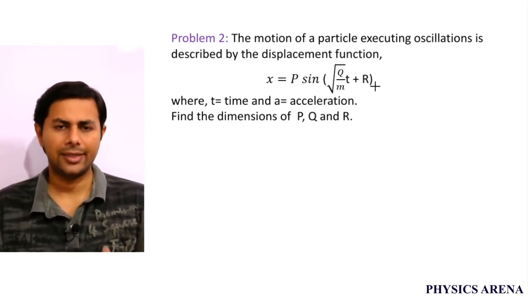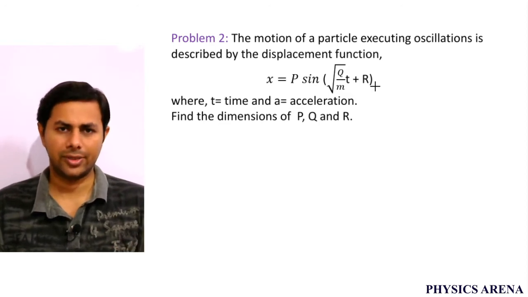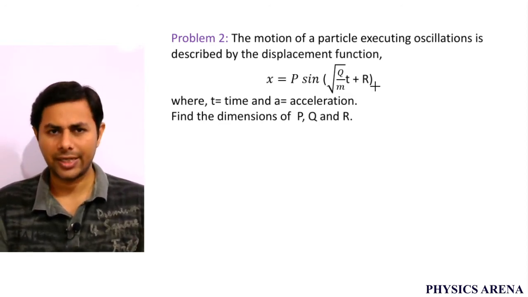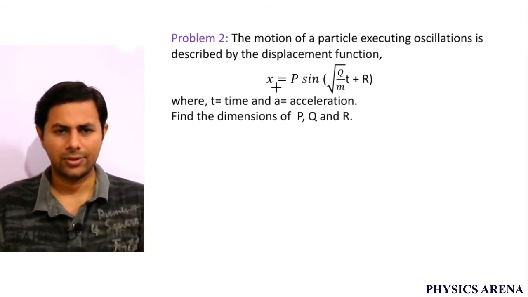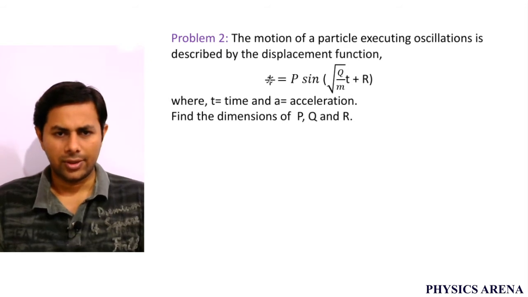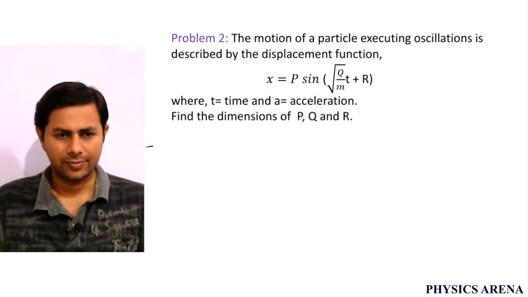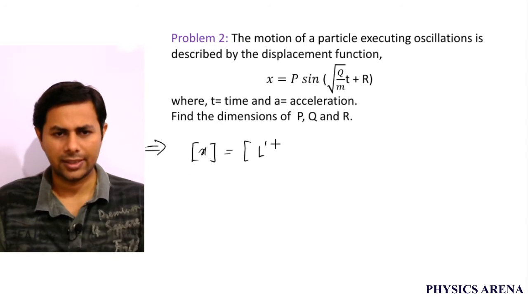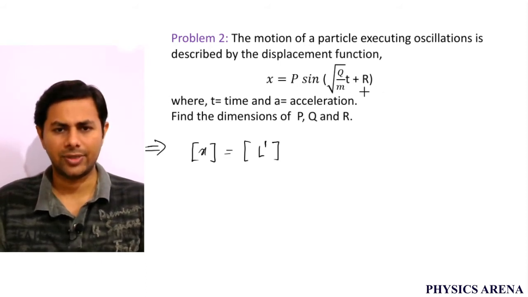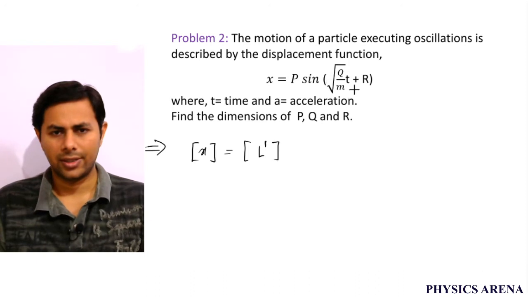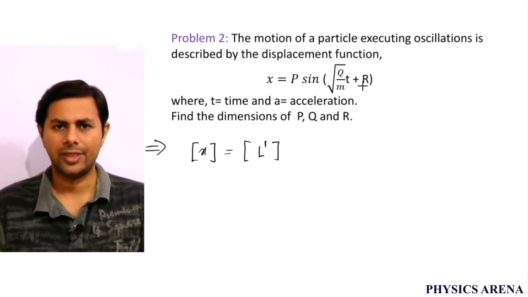We know that in an equation the dimensions of all terms should be equal, so the dimensions on the left hand side and the right hand side should be equal. On the left hand side we have displacement, so the dimensions of x are just L^1. On the right hand side we have p multiplied by sine of something, so the term inside that bracket must be an angle.